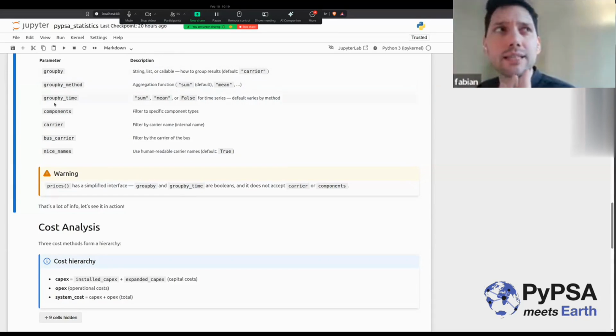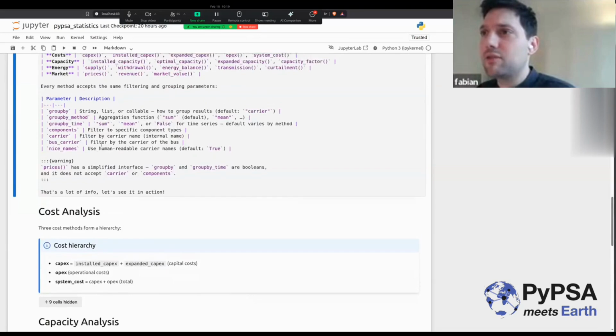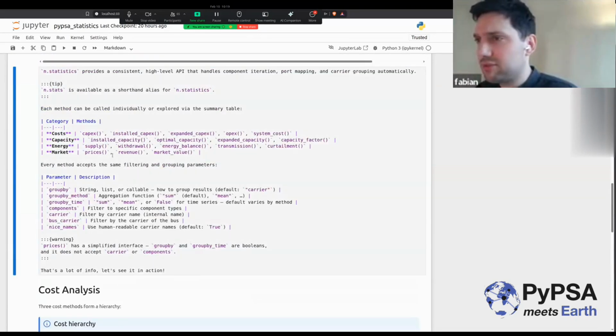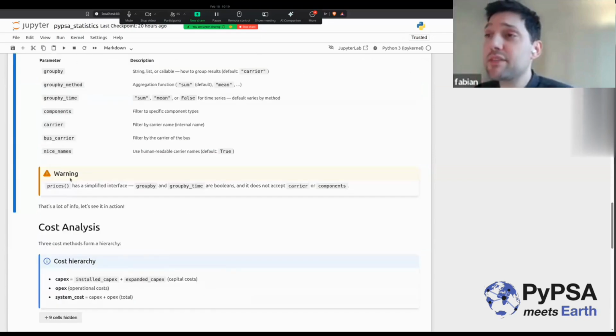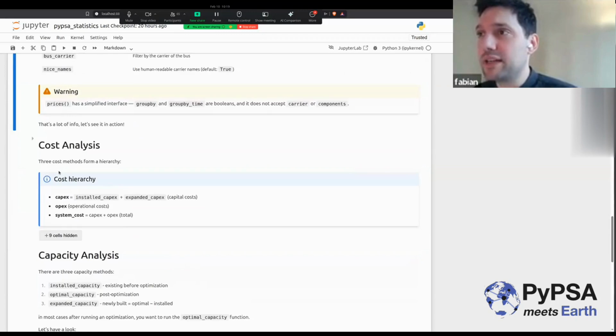Before, I guess we had a different argument for the group by method. I think group by was called differently. I can't remember right now. Anyway, there's another function, by the way, which is called prices. It's a new one. It's not totally harmonized with all the arguments. You can keep that in mind if you're using it.